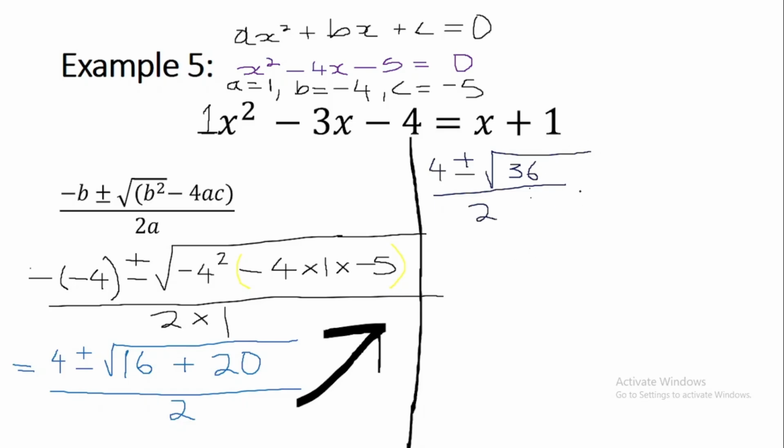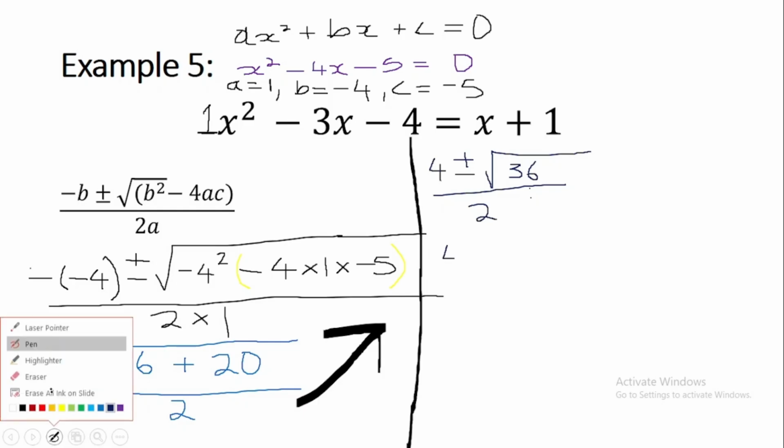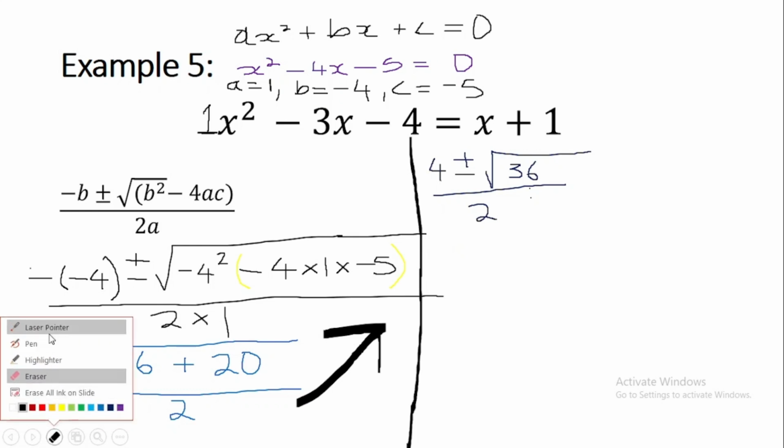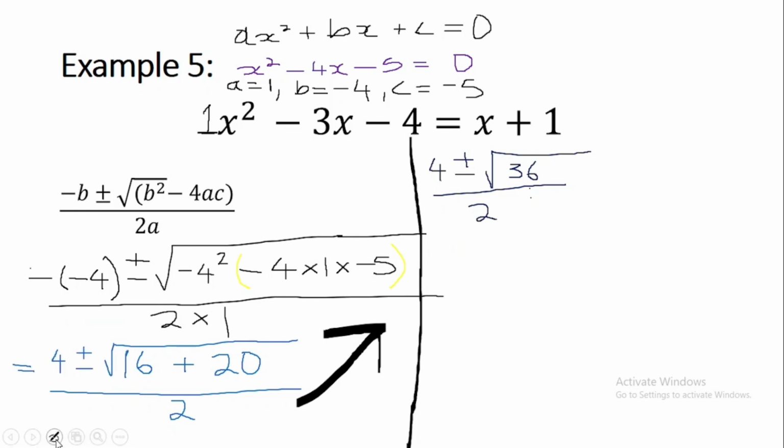We're just going to fix this up right here. This is because the square root of 36 is going to be 6. So we're going to have 4 plus or minus the square root of 36, which is 6, all over 2.